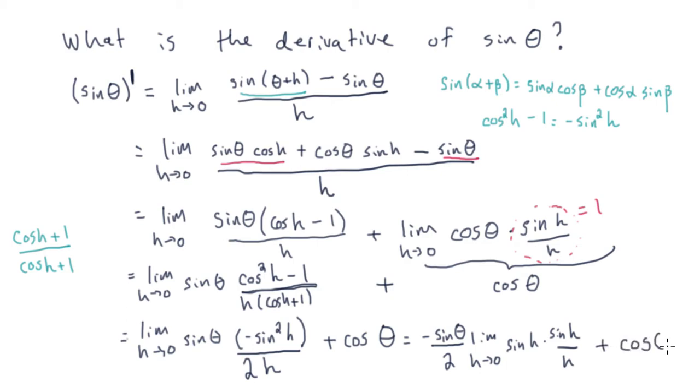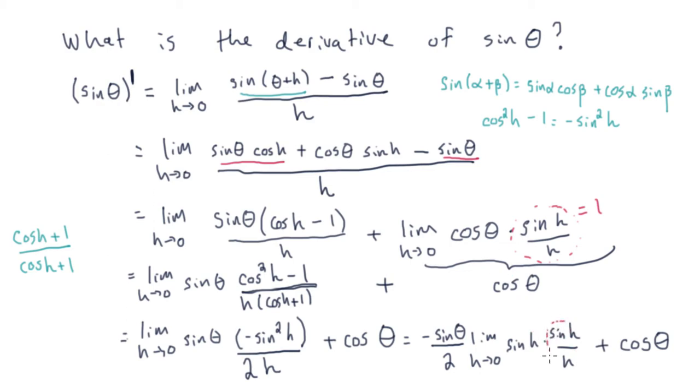And of course we still have this plus cosine theta. And we're almost done, I promise. But what I want to notice is, okay, so I'm just writing sine squared h over h is sine h times sine h over h.